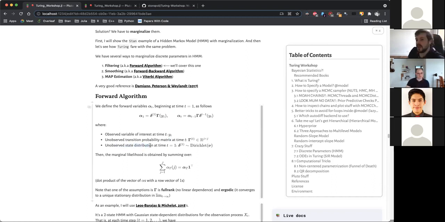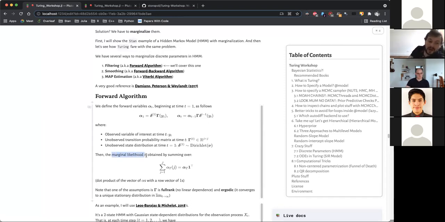And we also have the unobserved state distribution, where we don't know how the transitions of states are distributed. And we always give a prior, like a Dirichlet with some vector, here a vector nu or any other parameter name. And we always use a prior like this.